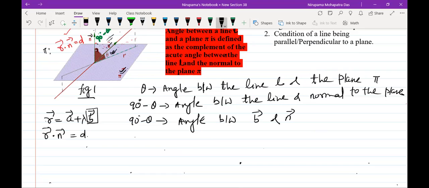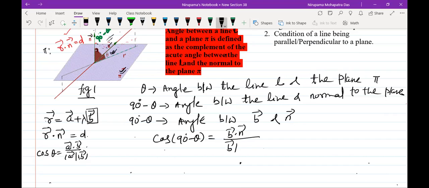We know if theta is the angle between two vectors, cos theta is a dot b divided by magnitude of a into magnitude of b. Similarly, here we can find cos of 90 degree minus theta equal to b dot n divided by magnitude of b into magnitude of n.